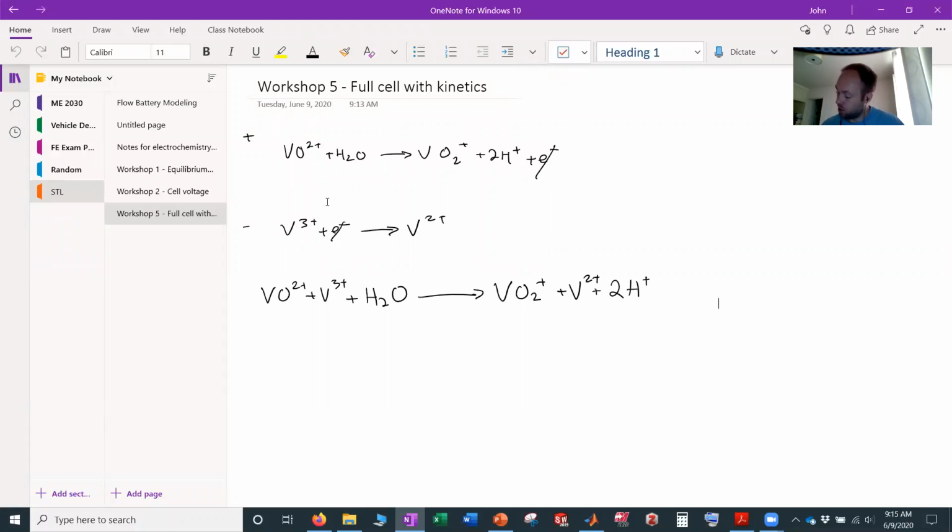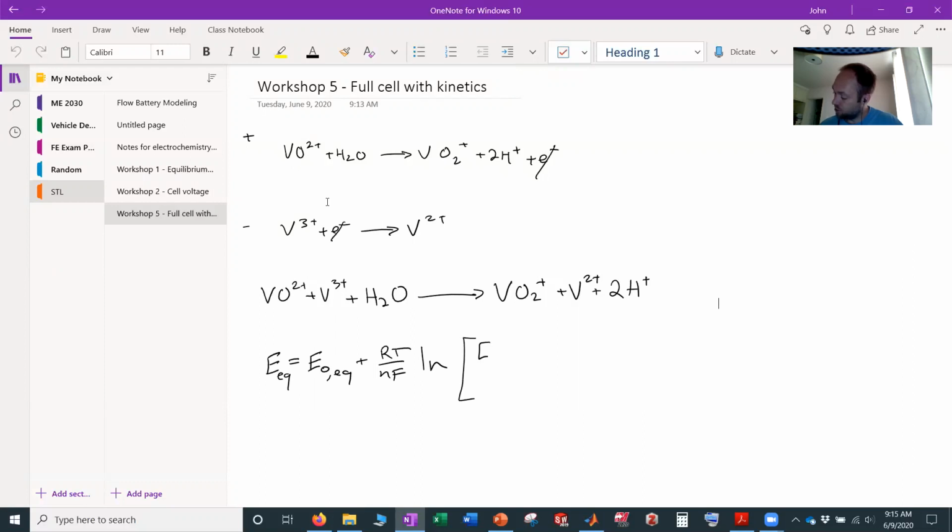But if you wrote the Nernst equation, right, you'd say, okay, the equilibrium potential is going to be equal to your equilibrium potential at standard conditions plus RT over nF times the natural log of all of your reactants.